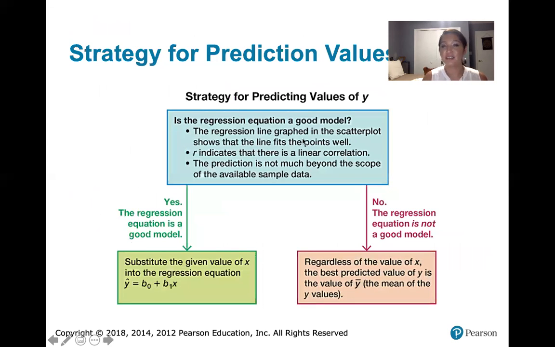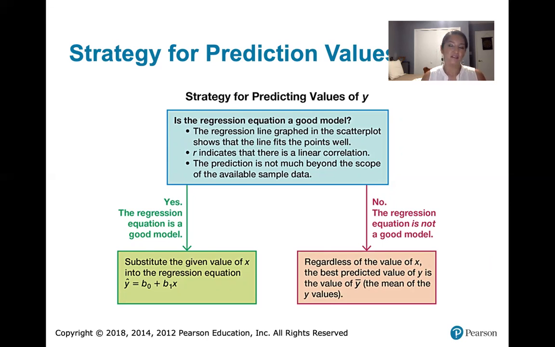Mr. Triola adds this point. He says the regression line graphed in a scatter plot should show that a line fits the points well. So we shouldn't just assume that because we have a linear regression equation and a particularly high value of r, that the data are best approximated by a line. It's possible for the data to form maybe the shape of a quadratic function, a parabola, and still have an r value that would show evidence of a linear correlation.